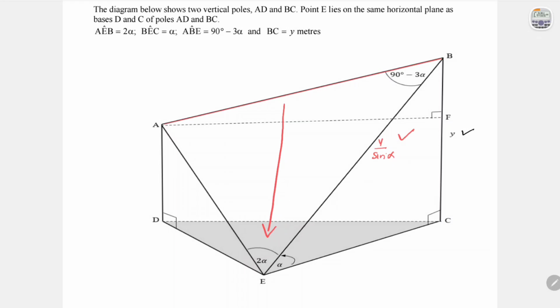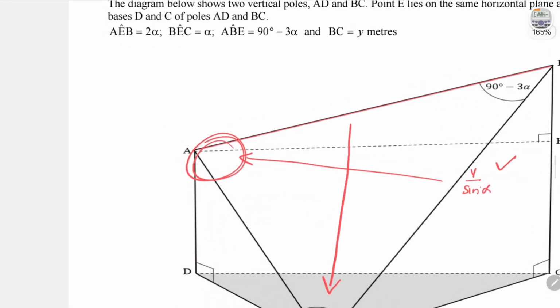That is 2 alpha. Now we need a complete pair: a side expressed in terms of something, and the angle opposite it. So we have BE, and we can find the angle opposite it, since we have two other angles in this triangle.